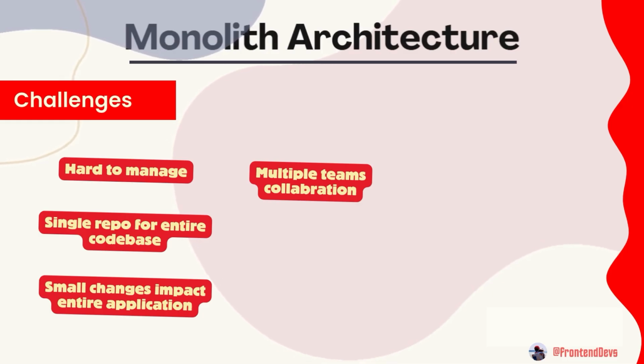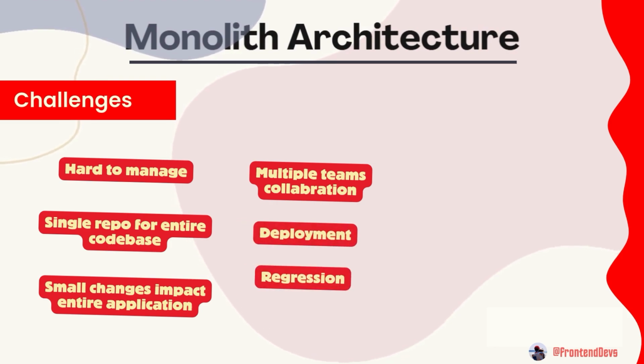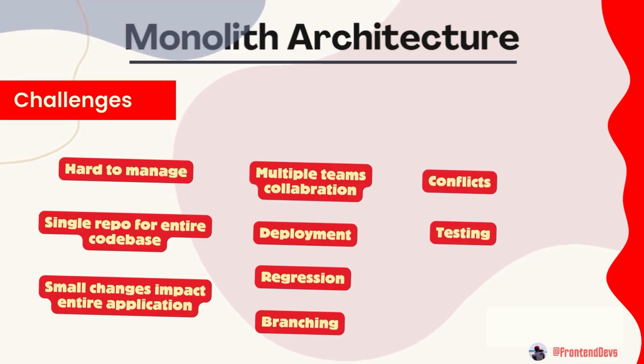If you go with monolith architecture, then managing the coordination between the teams will be difficult, because one team could be ready with its feature, but the second team could still be working on theirs. In this case, managing the deployment, regression, branching, conflicts, or testing will be very difficult.